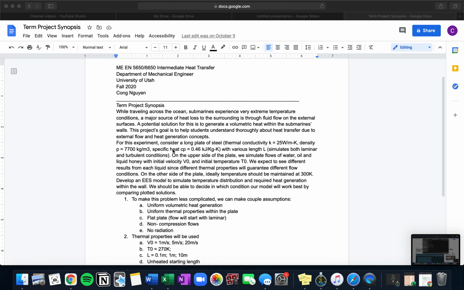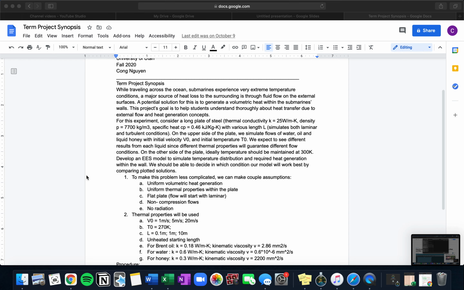To make the problem less complicated and more feasible, we can make a couple of assumptions. We can assume that we have uniform volumetric heat generation.